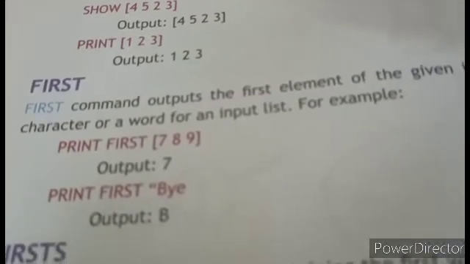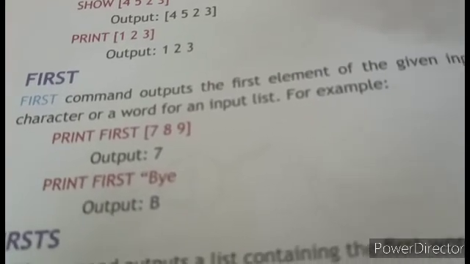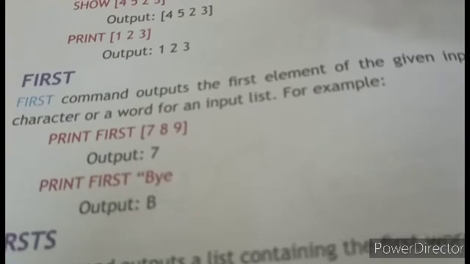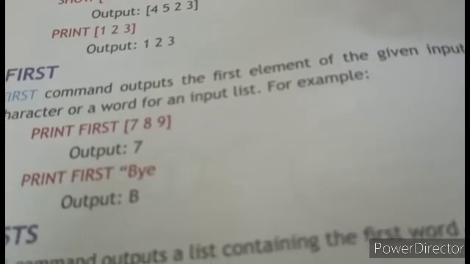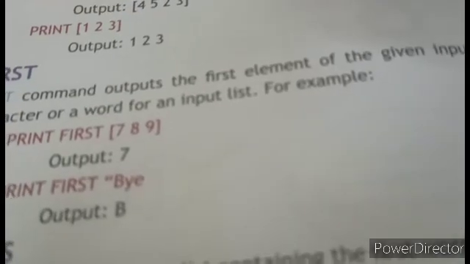The next command is first. What is the function of the first command? The first command gives you the output of the first element of the given input. What does it mean?